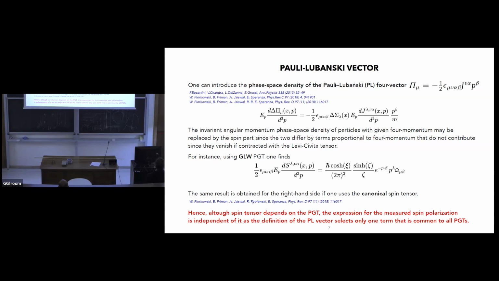And this was calculated by Matteo Museco in a paper 3 years ago. He calculated the mean value of the spin polarization vector in 3 pseudogauges, and found different results. So there is a dependence of the final measurement on the pseudogauge.